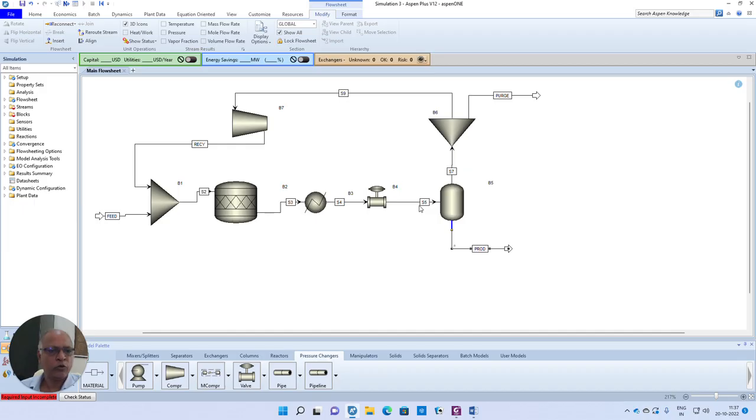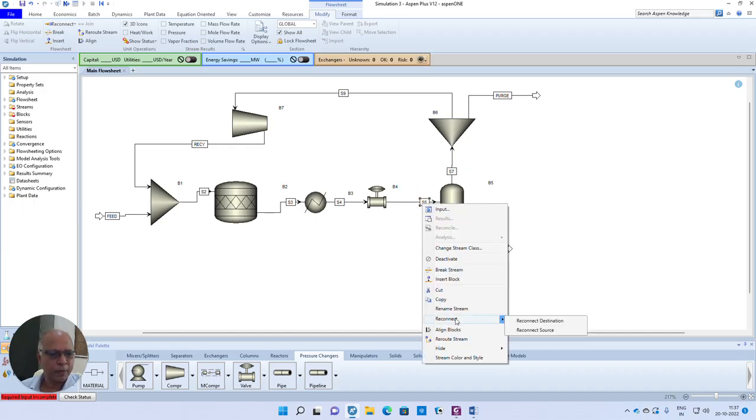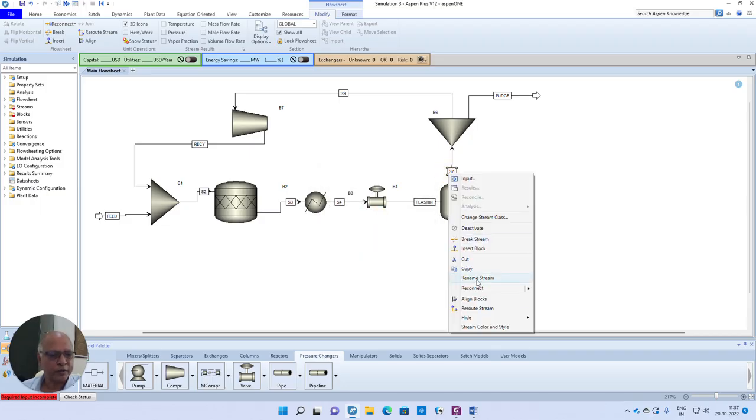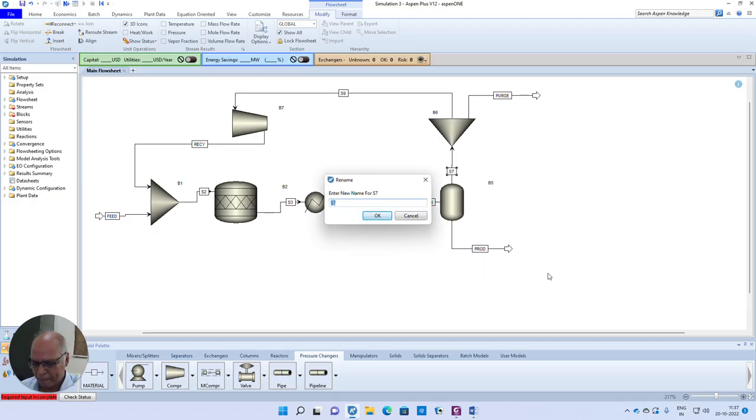Okay. So we may require this. Let me rename this. This is flash input to the flash, and this is vapor product from the flash. Or flash out, because we already named the other stream as product.